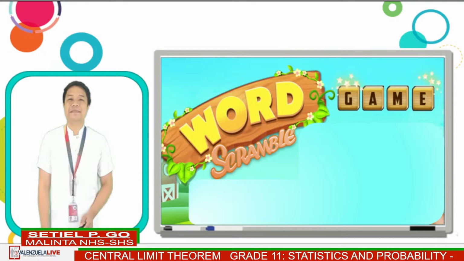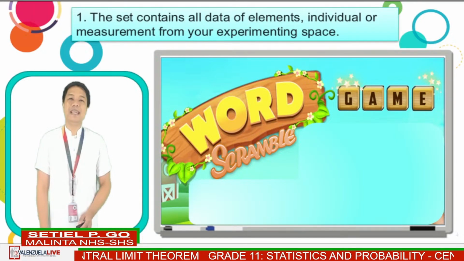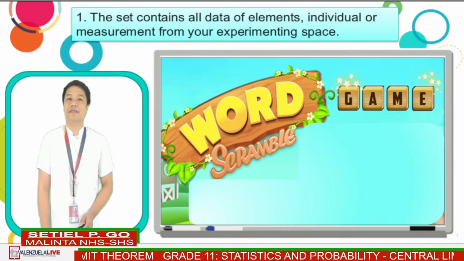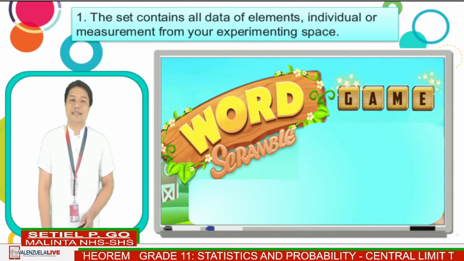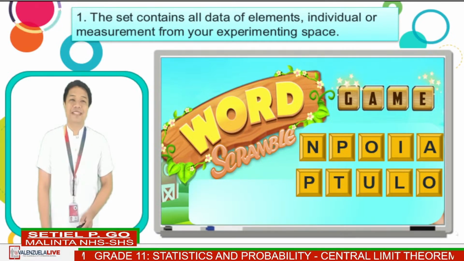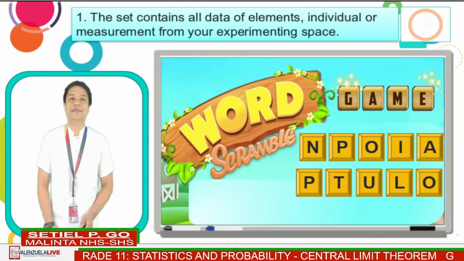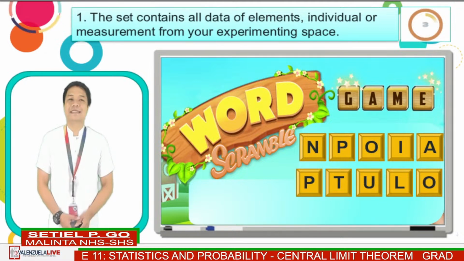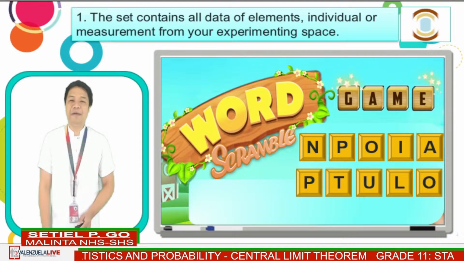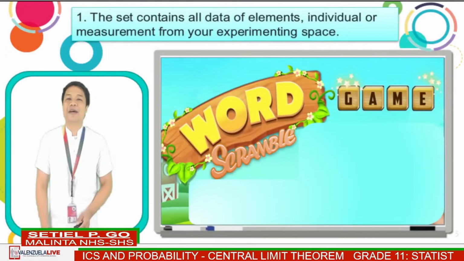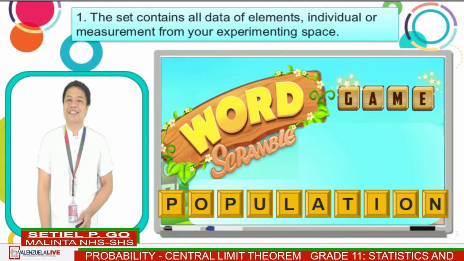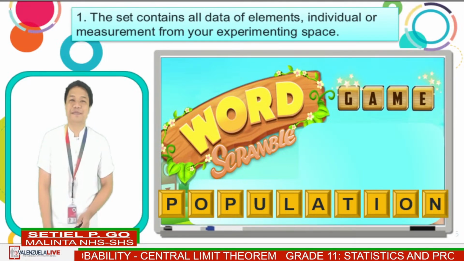Number 1. The set contains all the data elements, individual or measurement from your experimenting space. These are the letters. 5 seconds. Go! Time's up. If your answer is population, then you are correct. Okay, so let's proceed to statement number 2.